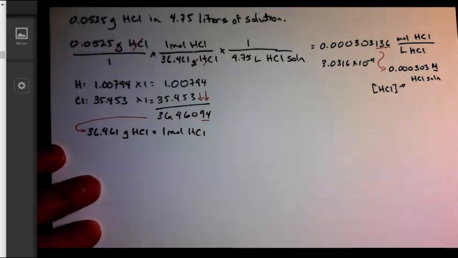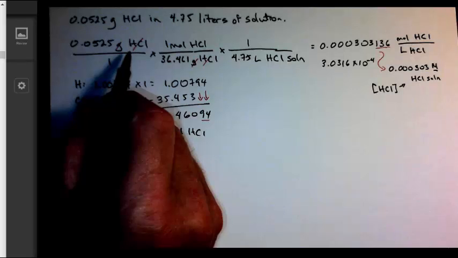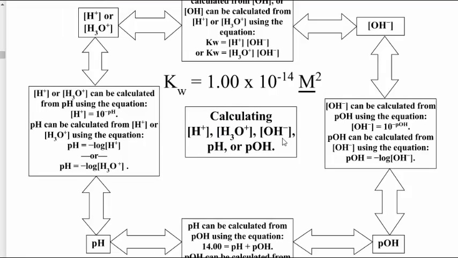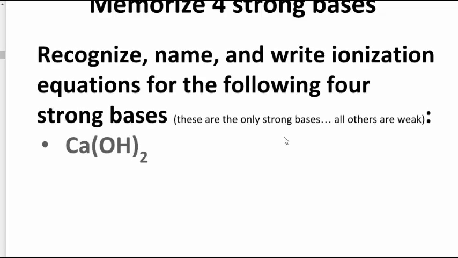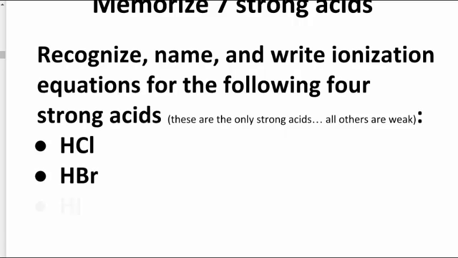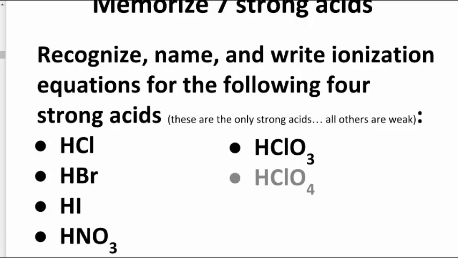The thing is, HCl is a strong acid. So let's back up just a minute and look at the presentation we were looking at earlier, because you need to memorize 4 strong bases and 7 strong acids, and guess what? HCl is on there. Okay? A strong acid is one that dissociates completely. So it breaks up, and every time we have an HCl unit, it's going to completely break up.